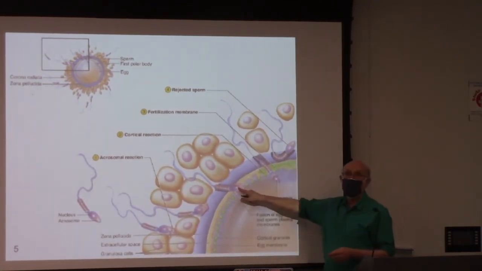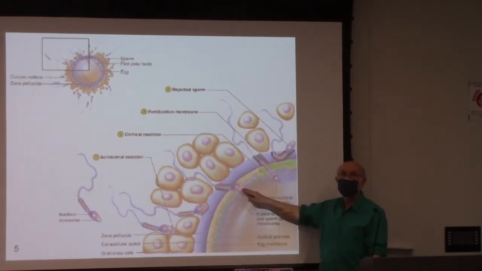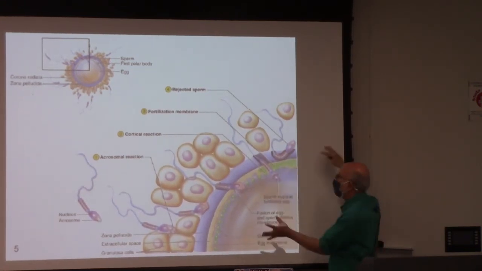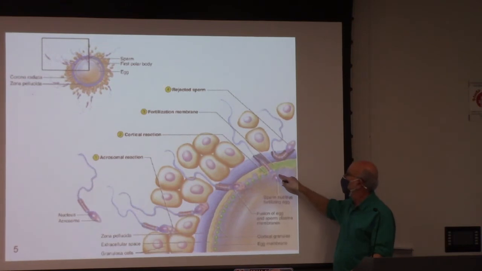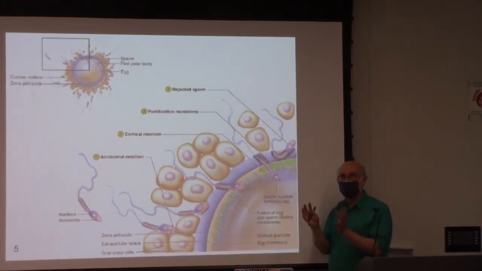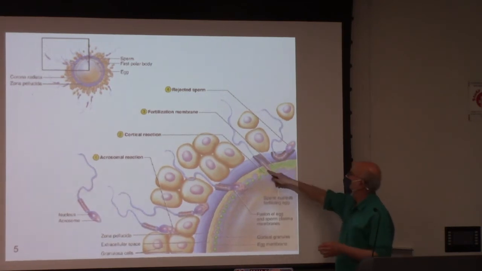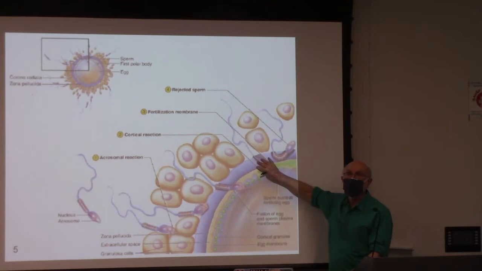So once one sperm gets through and does this fusion, the cortical granules detect it, and there's this wave of release of cortical granule contents. One granule releases, and it triggers its neighbors to release. And it triggers a change in the properties of the extracellular matrix and the zona pellucida.